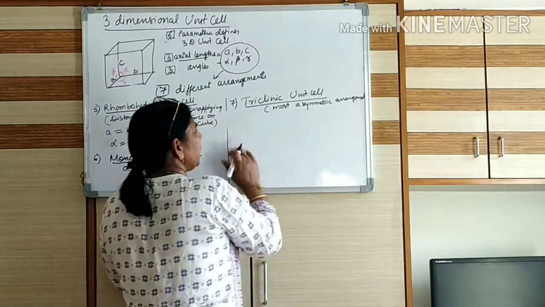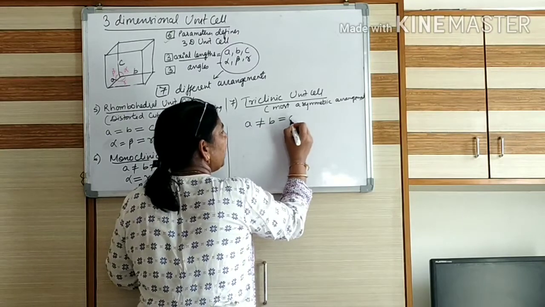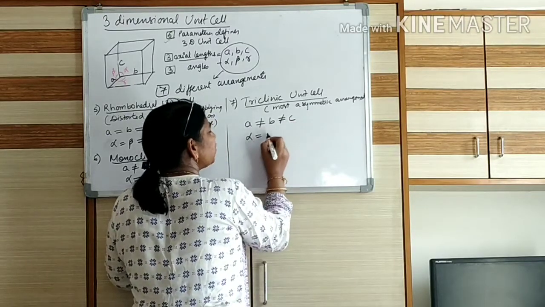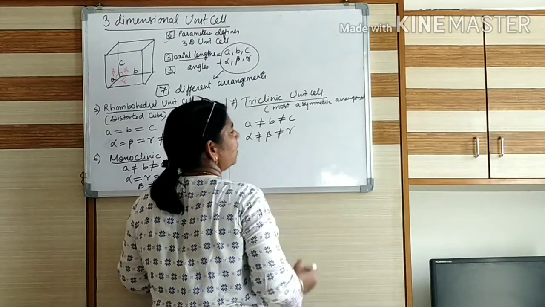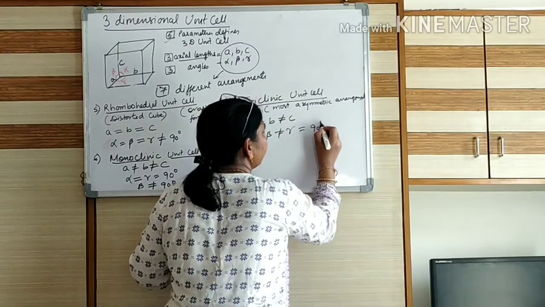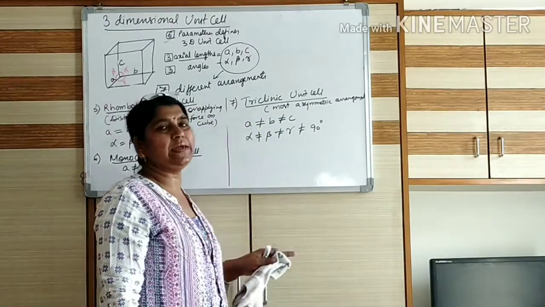So what is asymmetric here? A does not equal to B, neither B equal to C, alpha does not equal to beta, and beta does not equal to gamma, and none is equal to 90 degree. This is your triclinic unit cell.